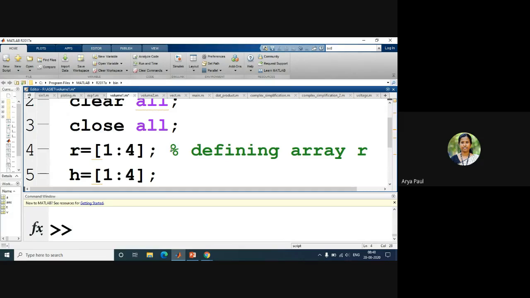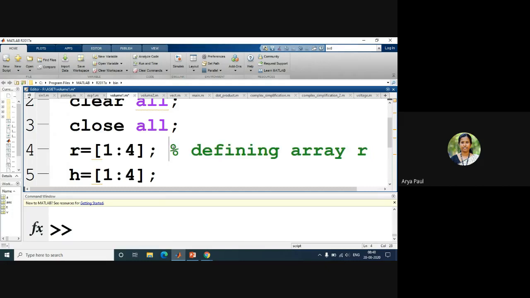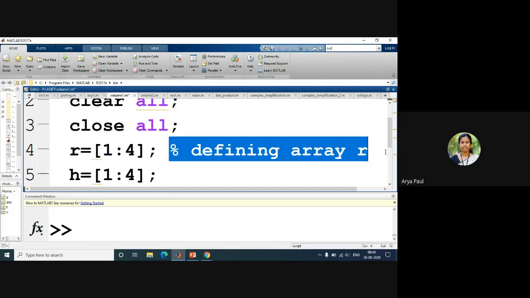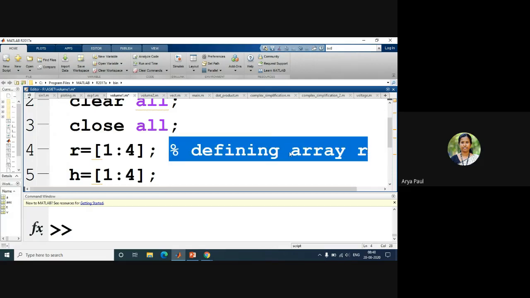If you want to comment a particular line, type percentage and after that write the comment. You are familiar with commenting in C programming. Similarly, the rest of the line will appear in green color. Green color indicates that it is a comment.